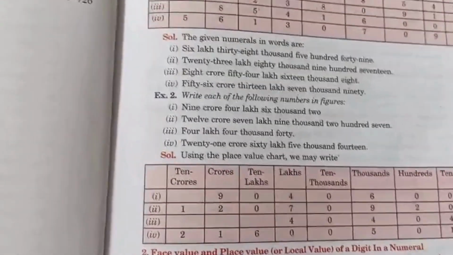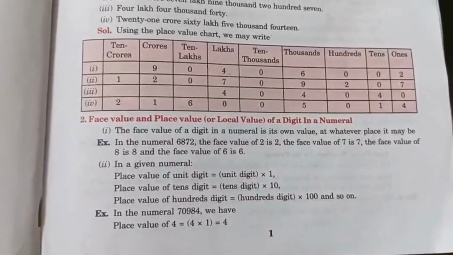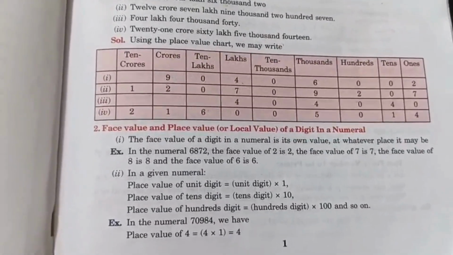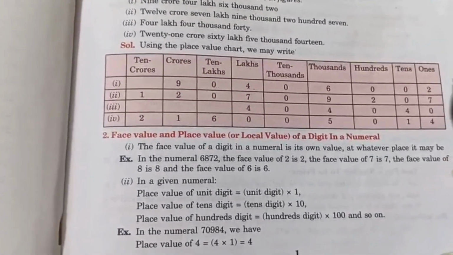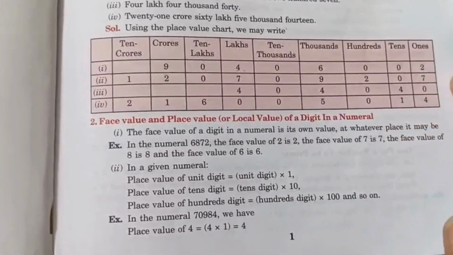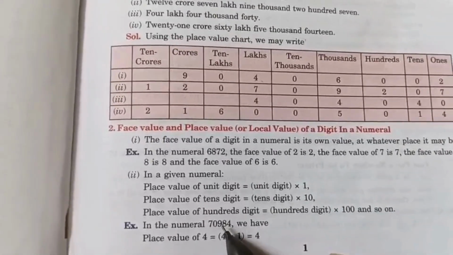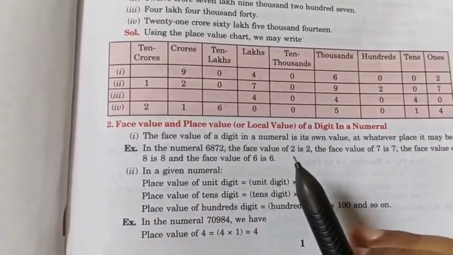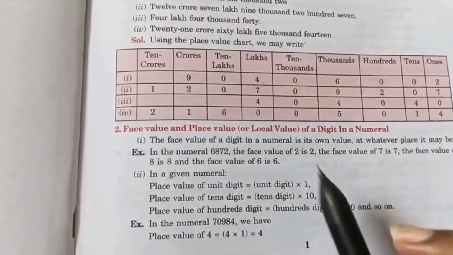Next we discuss face value and place value. Now let's understand two important concepts, face value and place value. Face value is the actual value of a digit no matter where it is placed in the number. For example, in the number 7,984, the face value of 4 is simply 4. The place value depends on the position of the digit.